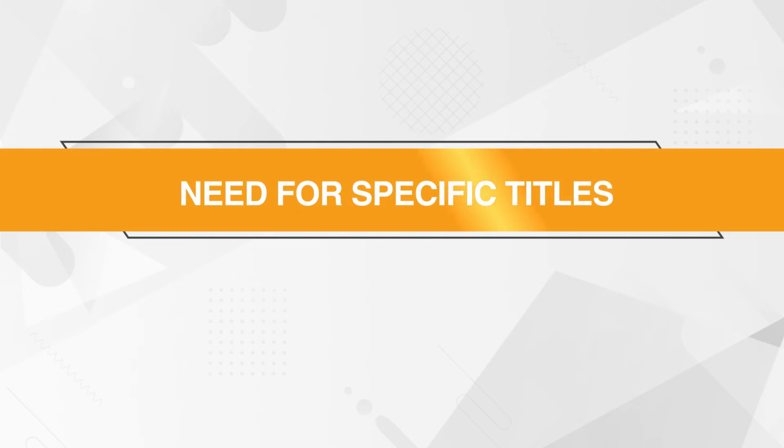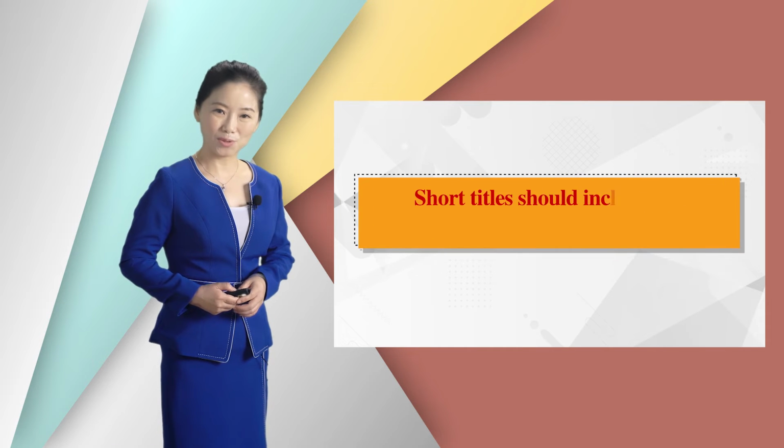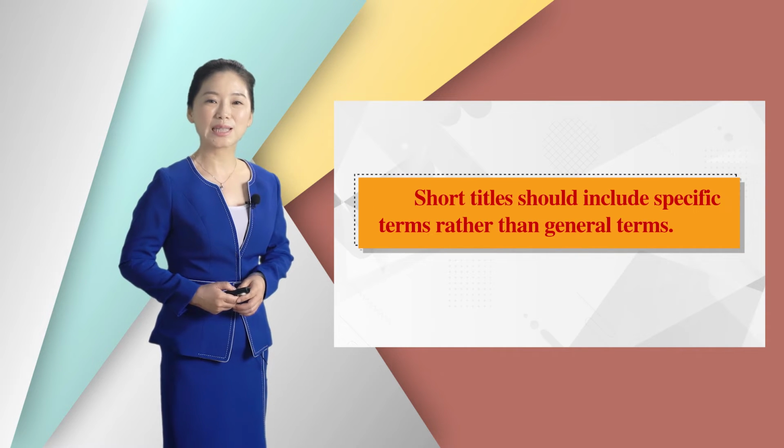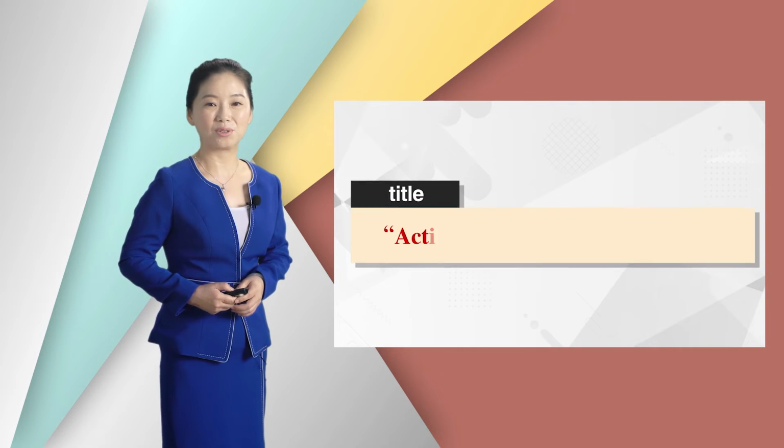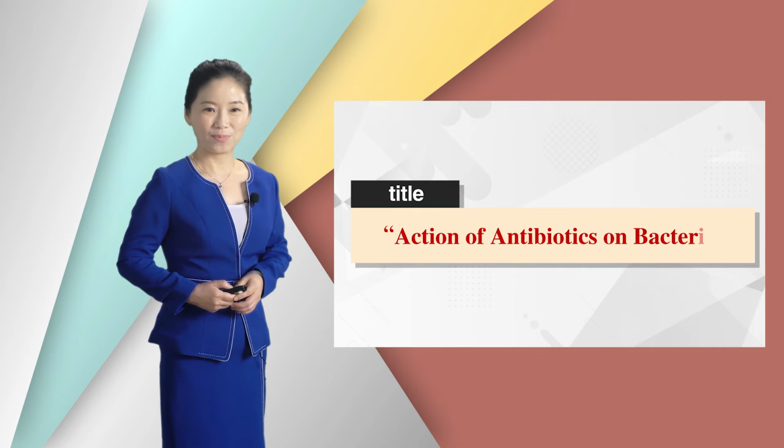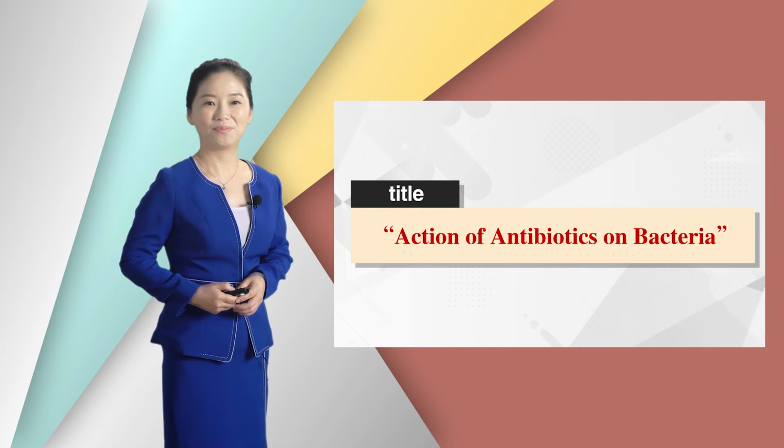Next, I will talk about the need for specific titles. Short titles should include specific terms rather than general terms. Now, look at this title, Action of Antibiotics on Bacteria.